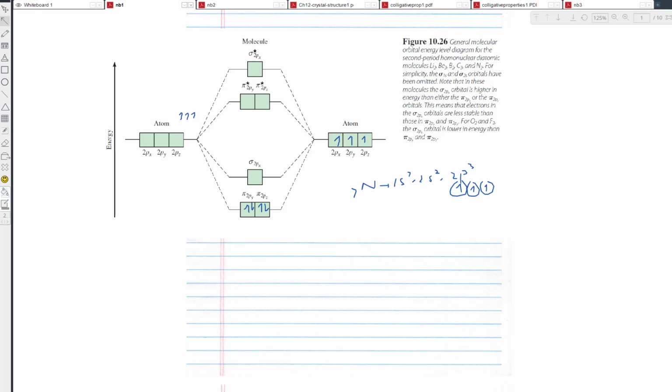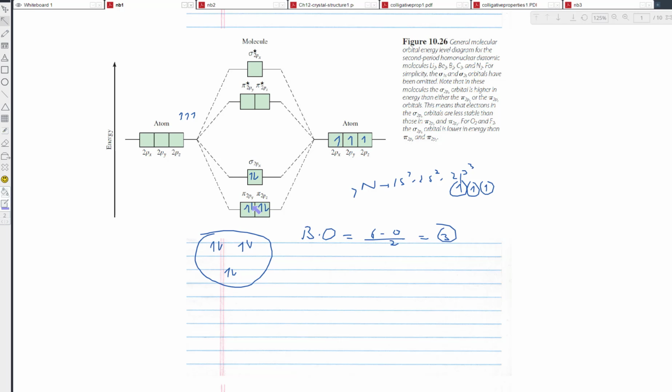So far I have added 4 and this will go to 6. How do you calculate the bond order? 6 minus 0 over 2, and that makes 3. Even if I reverse it and write 2 here, they are all still in the bonding molecular orbitals, and 6 minus 0 gives the same bond order. For bond order purposes it doesn't affect anything, but there is experimental evidence that for these atoms they reverse.